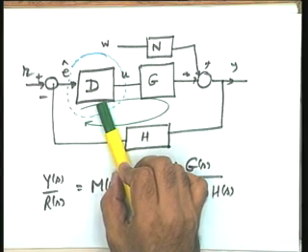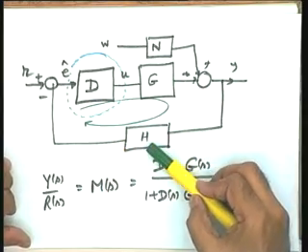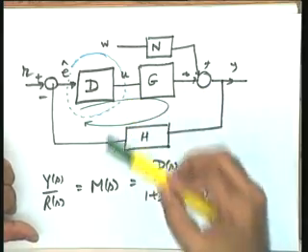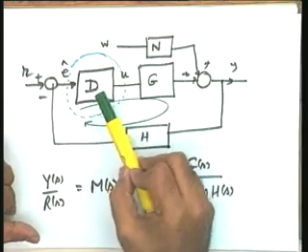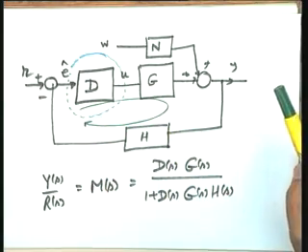We have always been talking about the high loop gain. If you don't change the gain through G and H, it means you can change the gain through D, and the most simple solution is changing the gain of D when D could be a simple amplifier. But we have seen that high loop gain is not the optimum solution, or may not give you the control solution in many situations.